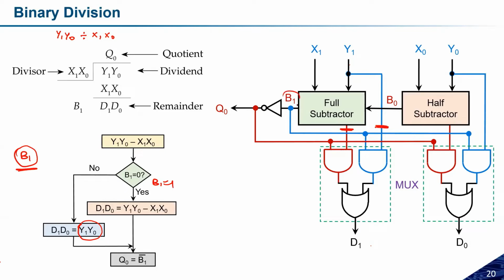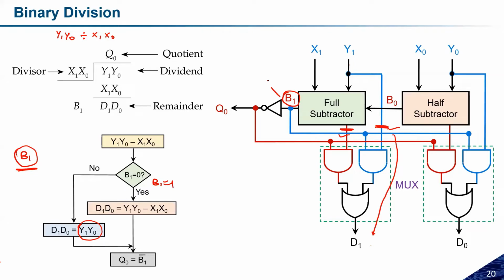Based on the status of B1, one of the inputs is forwarded to the output, either this one or this one. So based on two inputs and one control signal, here B1 is acting as a control signal, deciding which of the inputs should be transferred to the output. This kind of logic we call a multiplexer.